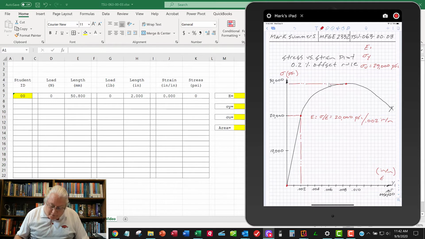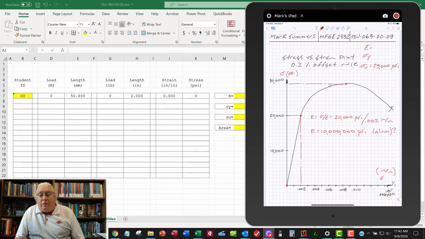So any of these points along that line we could have used, but I chose one that crossed the intersection there on the grid lines. And so if I get out my calculator, I can determine that Young's modulus is 10 million psi, which tells me it's probably aluminum. Put a question mark. But aluminum is about a 10 million psi modulus of elasticity, or Young's modulus. And so this is potentially aluminum material from this test data we've gotten.